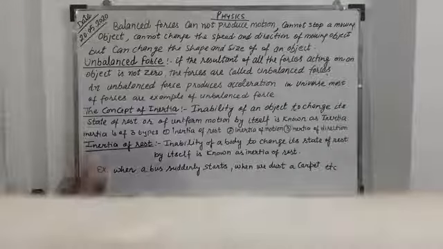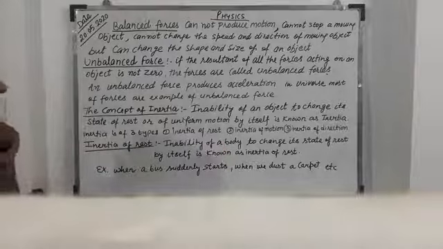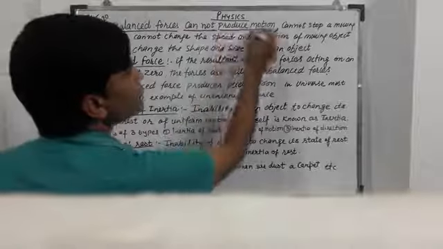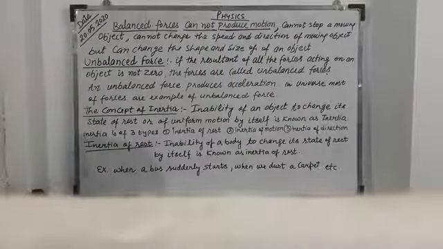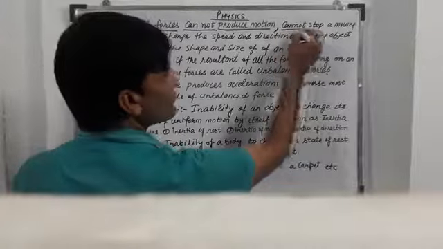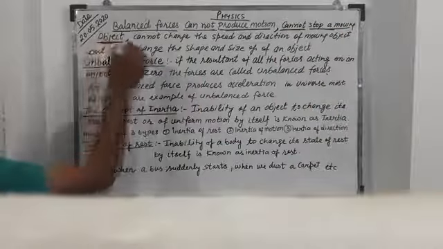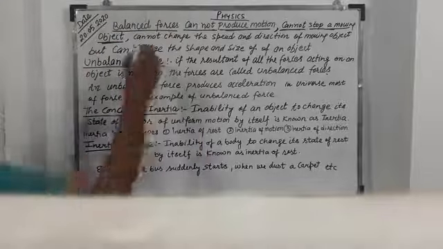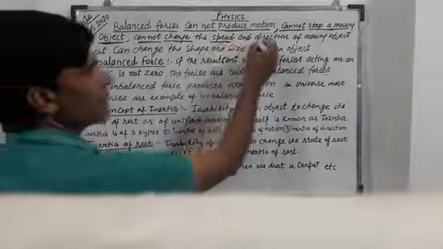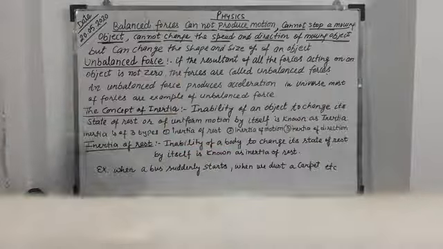Some important points regarding balanced forces are: balanced forces cannot produce motion. Balanced forces cannot stop a moving object. Balanced forces cannot change the speed and direction of a moving object.